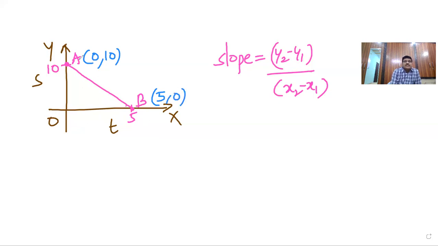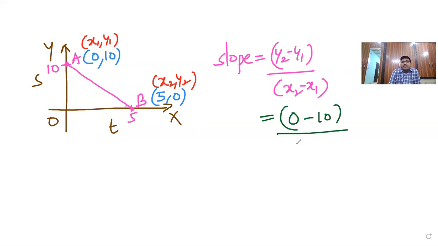If I say this is x1, y1 and this is x2, y2, then the slope is y2 minus y1, 0 minus 10, divided by x2 minus x1, 5 minus 0. So it becomes minus 10 by 5, which is minus 2.